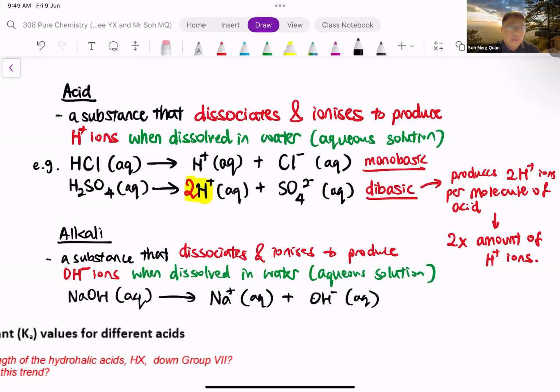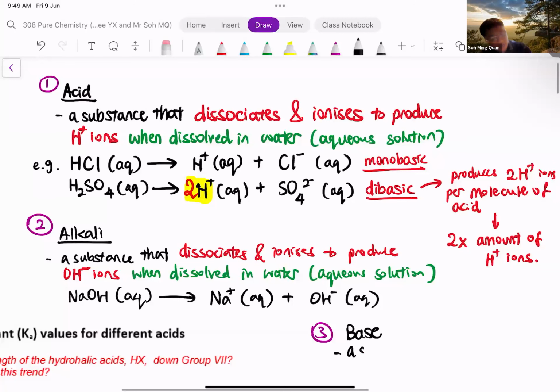Then we come to the last confusing term, which is base. We have acid, alkali, then the last one is base. So what is a base? We talk about acids and bases, right?